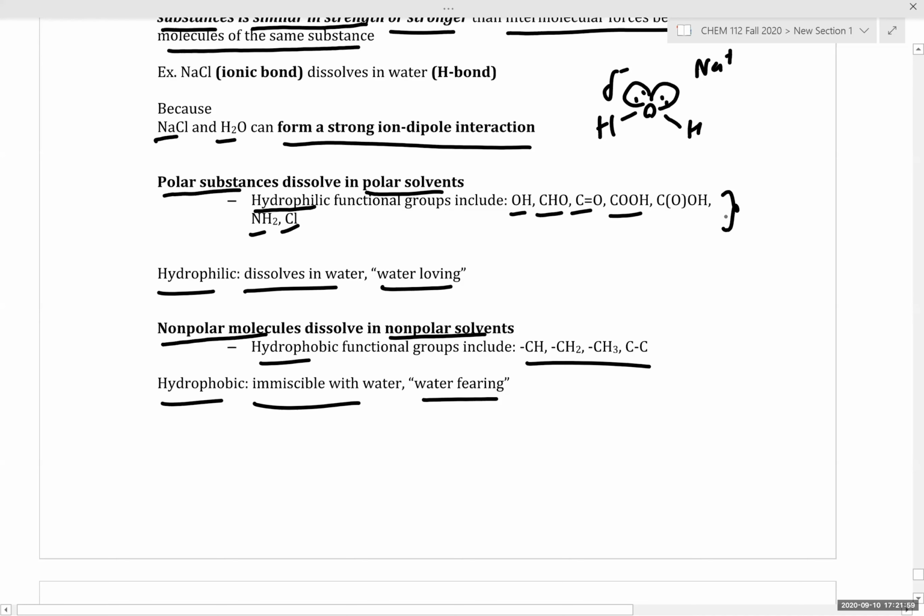These hydrophilic functional groups are found in polar molecules. We have polar functional groups, and these polar functional groups can engage in hydrogen bonding.